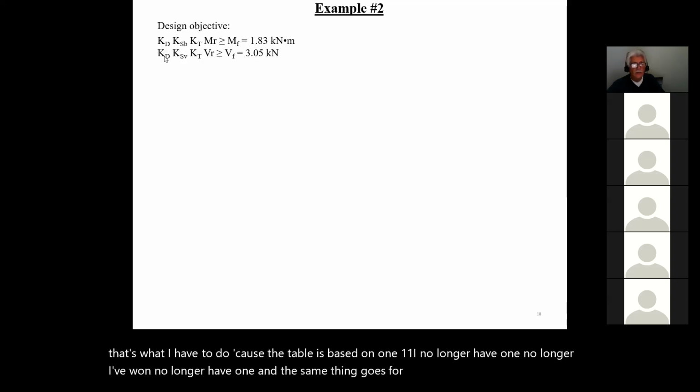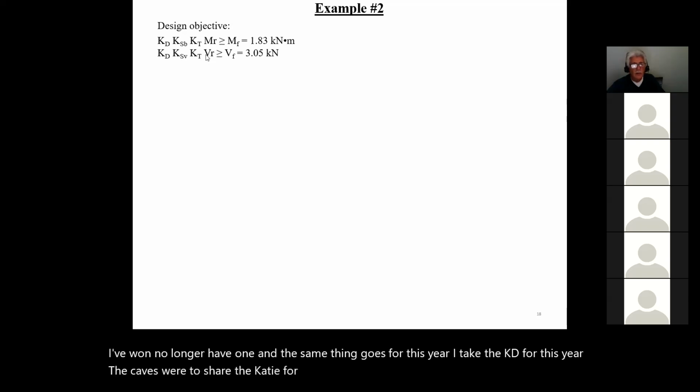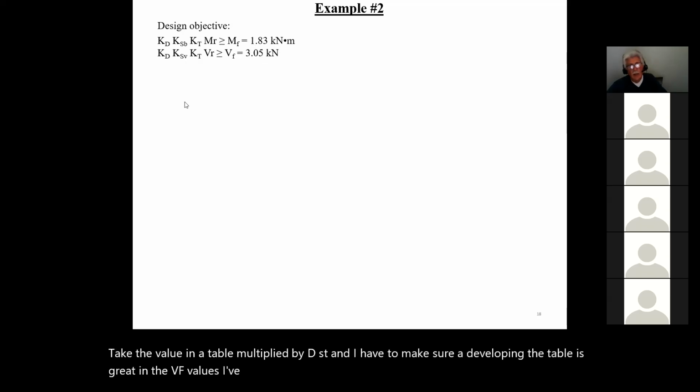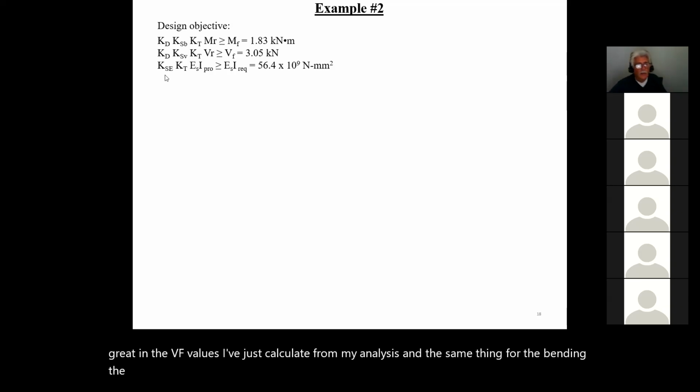I take the KD for the shear, the KS for the shear, and the KT for the shear, take the value in the table, multiply by these three, and make sure that the result is greater than the VF value that I've just calculated for my analysis. And the same thing for the bending stiffness: the KSE for the service condition and the KT for the treatment for the EI provided.